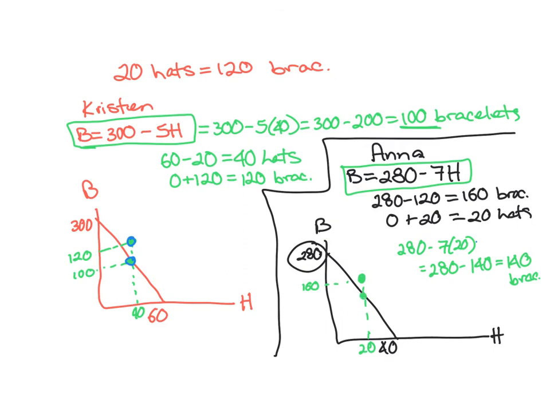So 140 bracelets. But instead, she ends up with 160 bracelets and 20 hats. So she is beyond her production possibility frontier when she specializes in her comparative advantage and trades with Kristen, versus under autarky, this would be the furthest she could get.